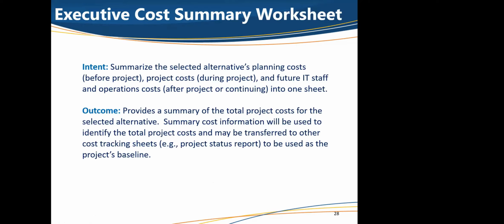So it provides a snapshot of all the detail of where the project has allocated their funds, what it costs for staffing, what it costs for the software solution. It's all in one place, an executive or high level summary of where those costs are going. And it's basically the total cost.